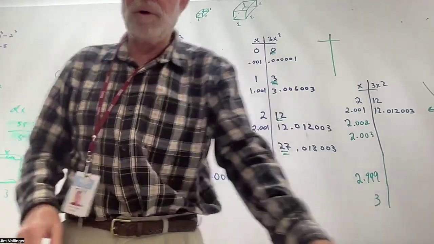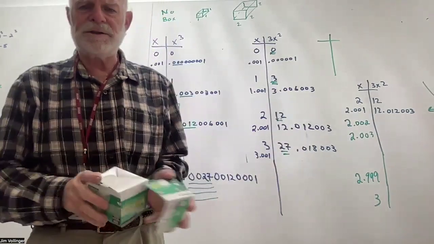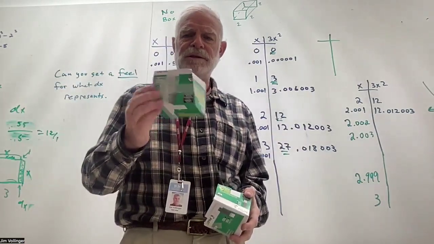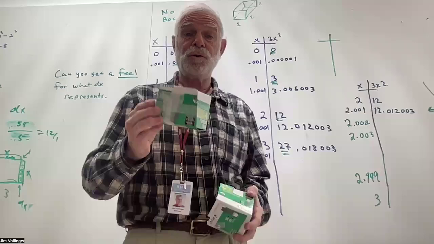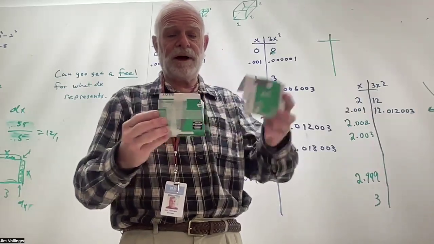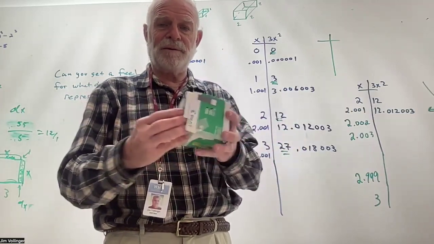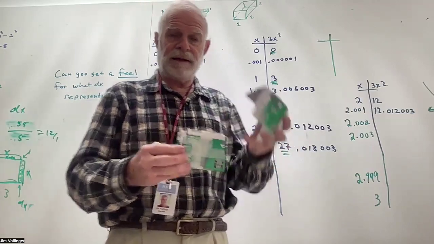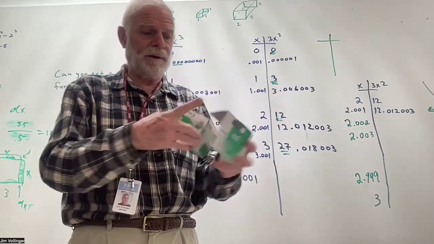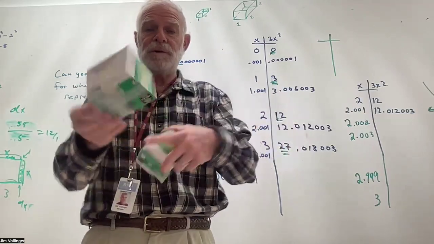And I've done this before, this high-tech explanation. You know, I'm bringing in high technology here. This is a volume of a box. Let's say it's a 2 by 2 by 2. And I just change the dimension of the box. I'm going to put a layer of volume on top of volume, which means that this length might be 2 by 2 by 2. 2 by 2 by 2 is this one.